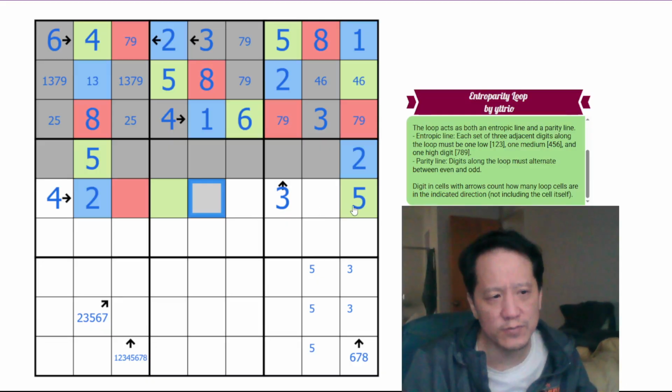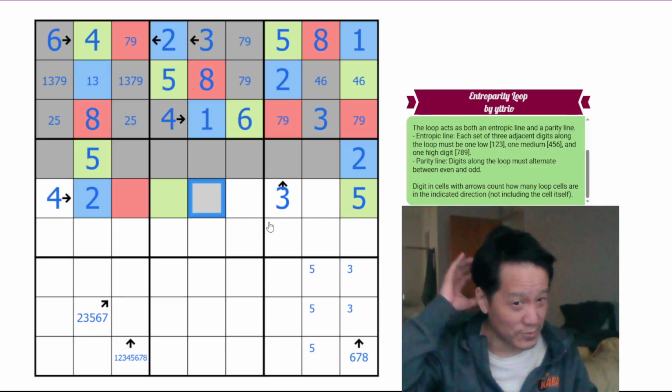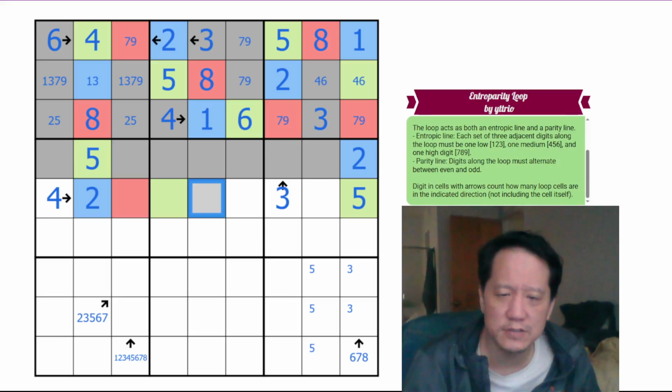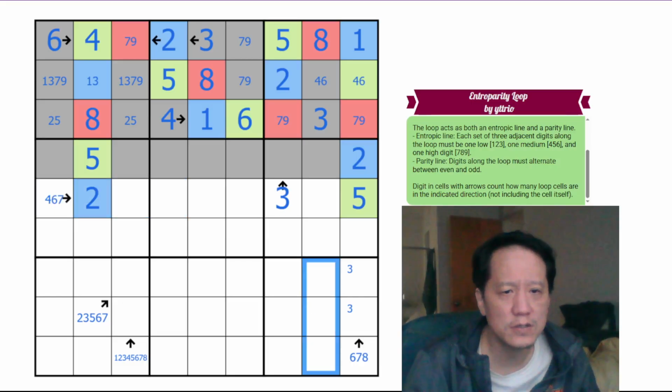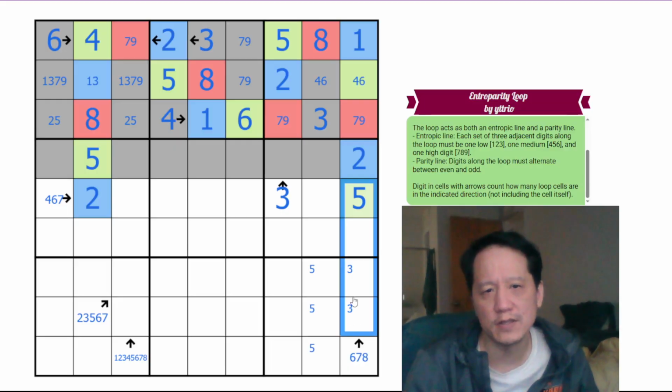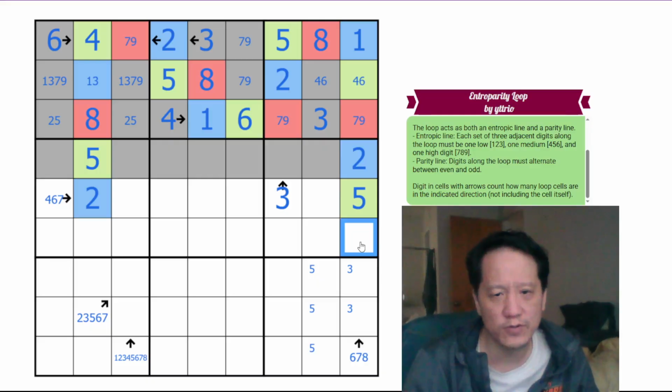We tried 7, we tried 6. Neither of them really worked. What about 6? Why couldn't 6 work? So what happens if it's 6? Part of the issue was that this couldn't be 8, because if it's 8, all of these are on the loop, and then 8 would have to be here. 7 also doesn't work for the same reason, right?